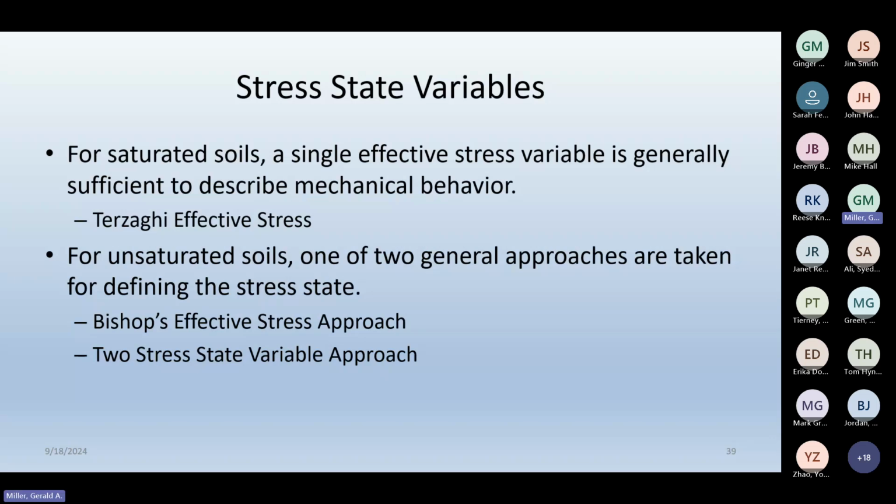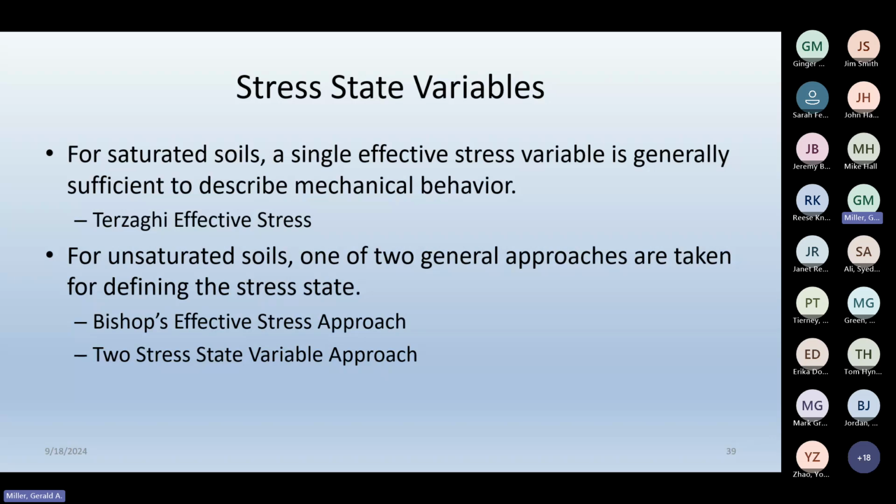But in unsaturated soils, we have this air phase. And as a result of that and the interaction of the air and the water, we now have this matric suction. So we have to consider the matric suction, the difference between u_a and u_w, in our description of effective stress. And so two general approaches are out there.